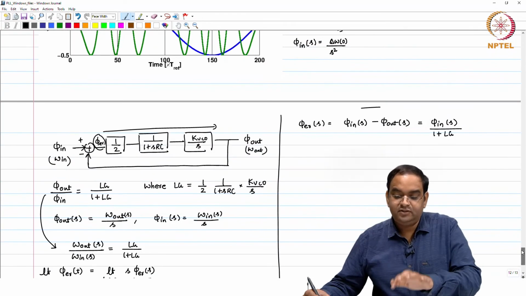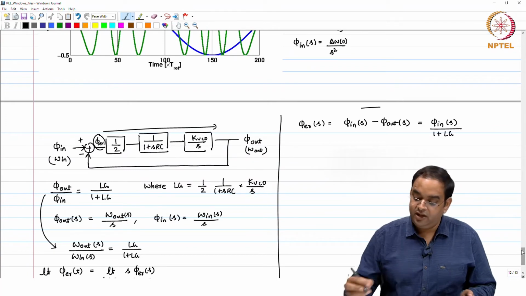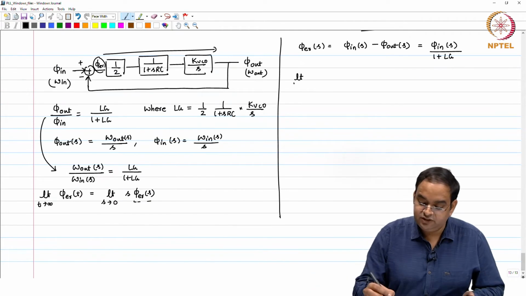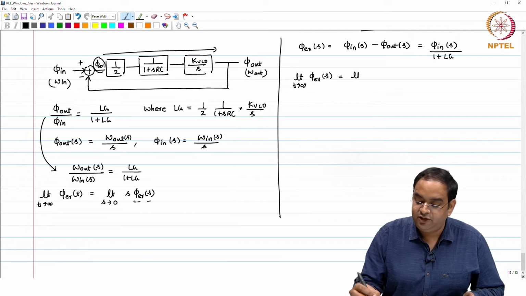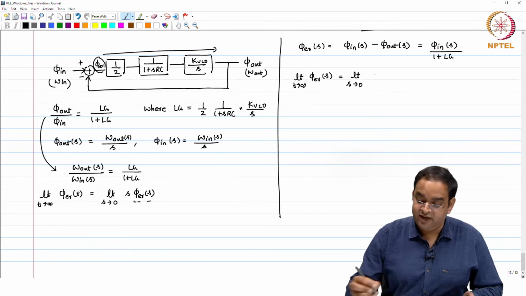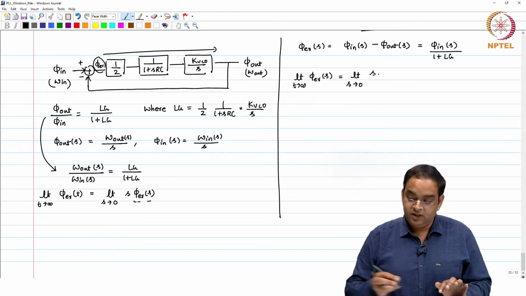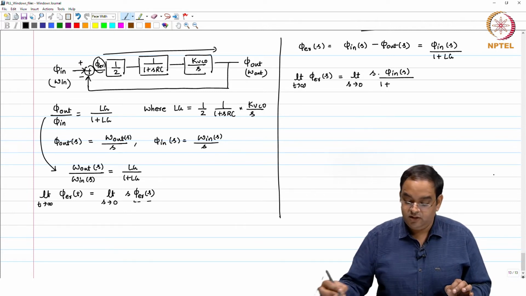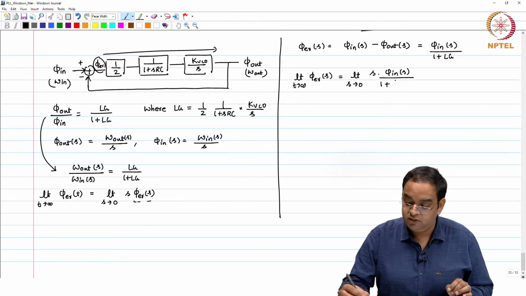Now I want to calculate, as time t tends to infinity, my phase error. By the final value theorem, this is s tends to 0, s times phi in of s divided by 1 plus loop gain. We worked out the loop gain also: 1 plus SRC into KVCO by S.